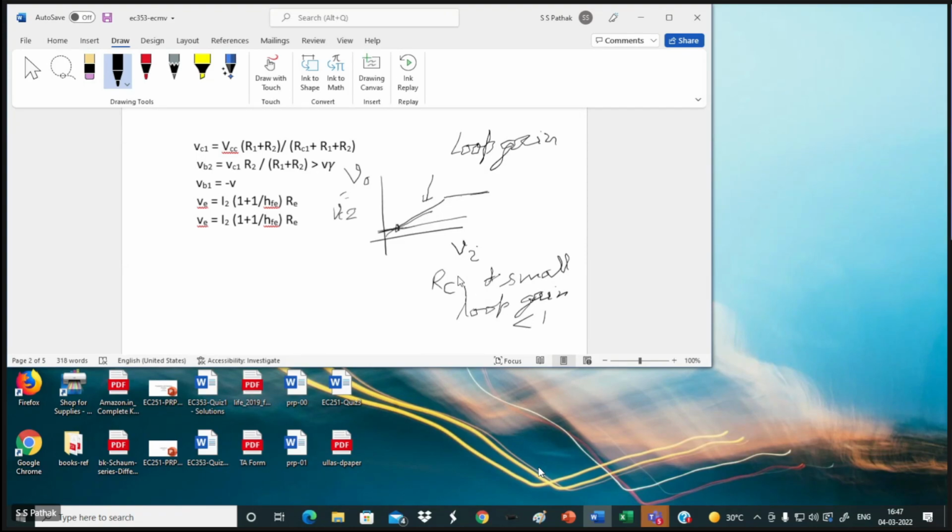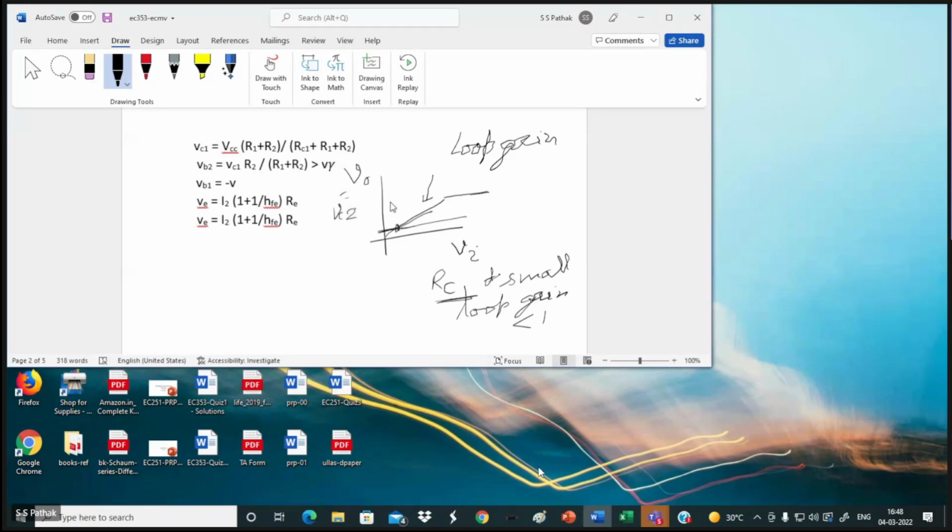So loop gain I'm talking, I think you know the meaning of loop gain from control systems, including our emitter feedback also, but RC1 controls that loop gain. RE and RC are controlling the feedback loop gain. So if it is less than 1, it is like this.